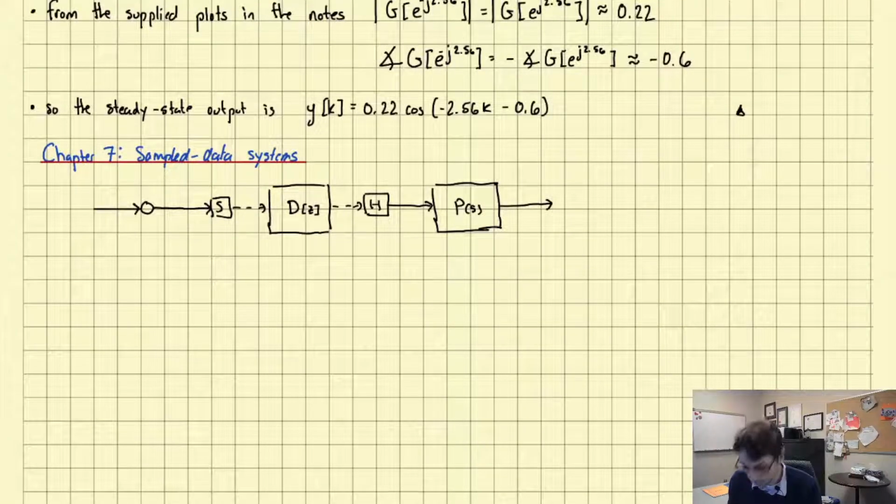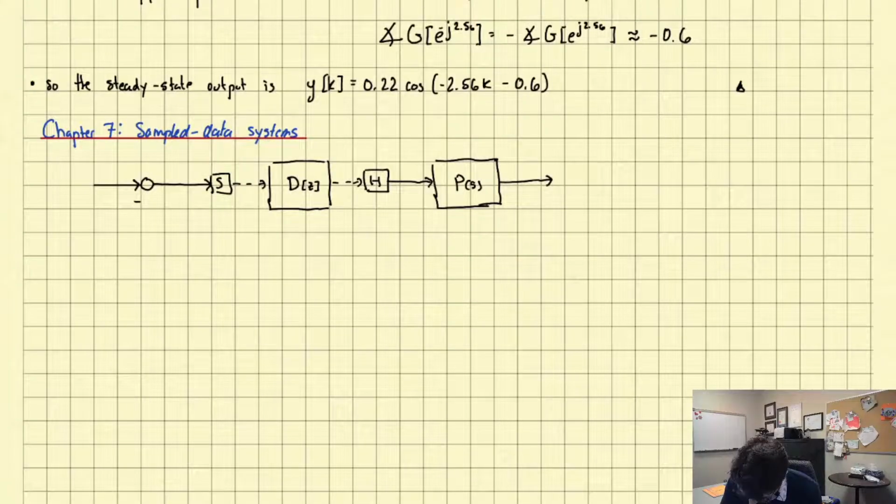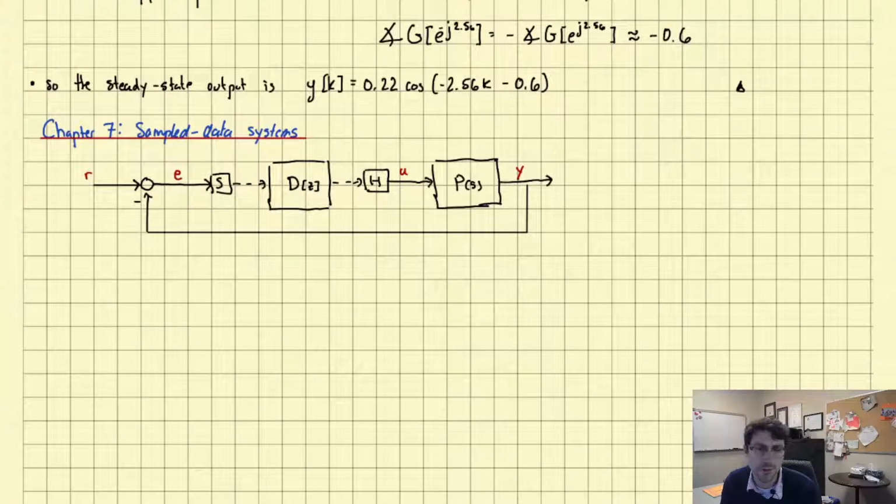I'll fill in this diagram and then I'll make some comments on it. This is our standard feedback system with computer control. This is our reference. Here's our tracking error, input to the plant, output of the plant. I haven't drawn a disturbance. You can add a disturbance if you'd like, but that's the basic setup.